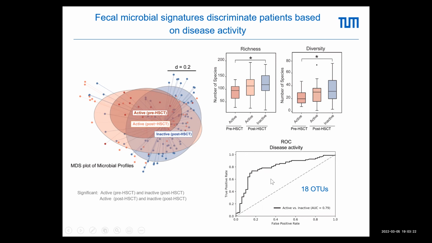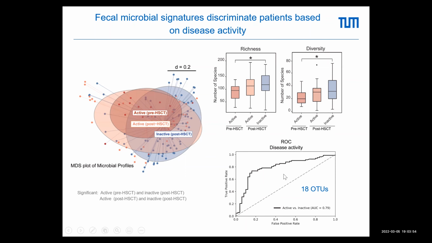And here you can see in this receiver operating curve, or ROC analysis, the higher the area under the curve is, the more accurate your prediction is. And here what we found was that we could classify patients into active or inactive disease based on gut microbiome composition with an accuracy of almost 80%.